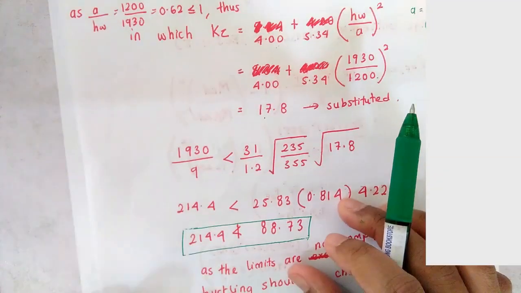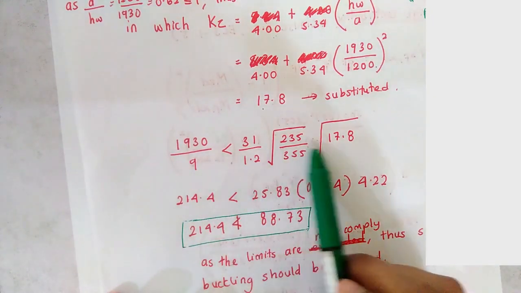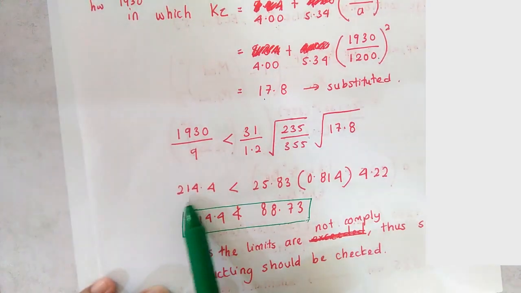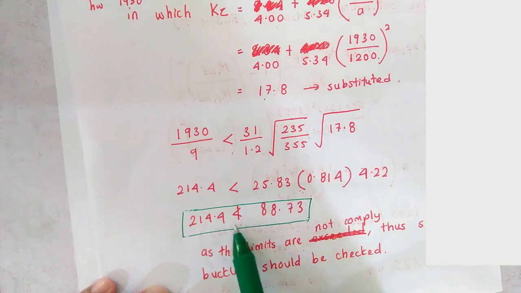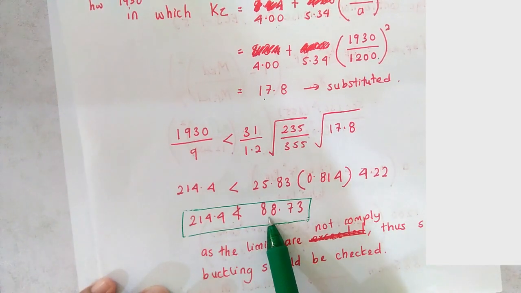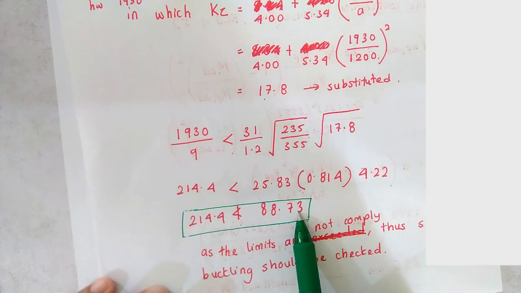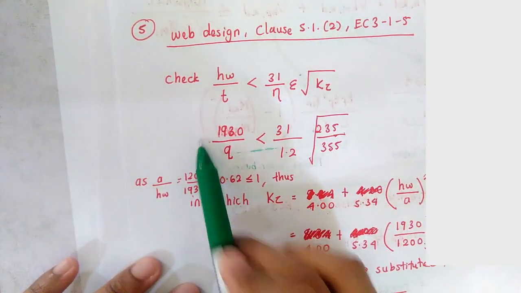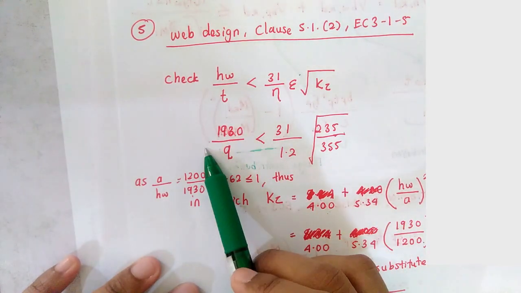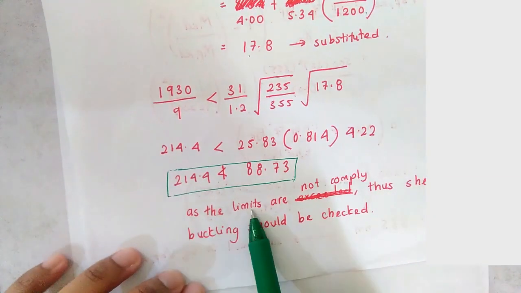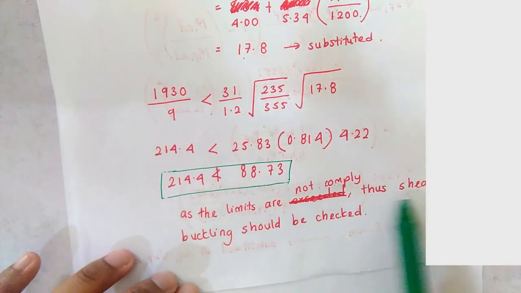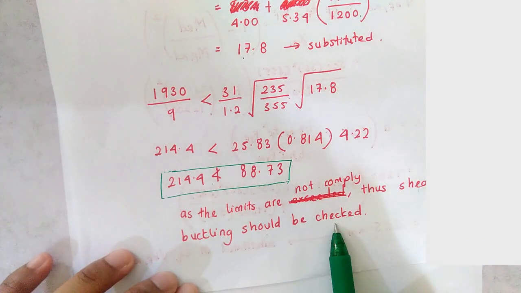Once you get that 17.8, finally you calculate and you find out that 214.4 is not less than 88.73. Because it does not comply with these conditions, the slenderness ratio is larger than the required allowable. So as the limits are not complied, shear buckling should be checked.